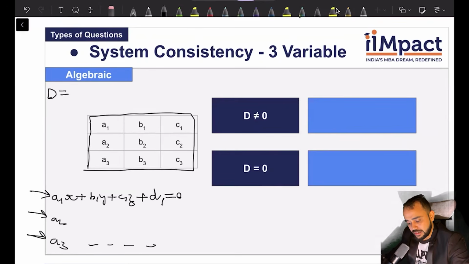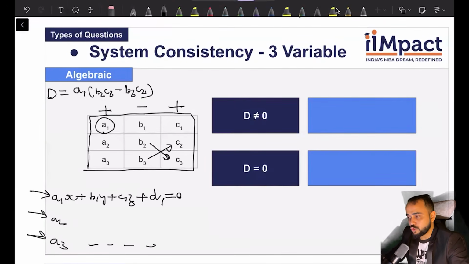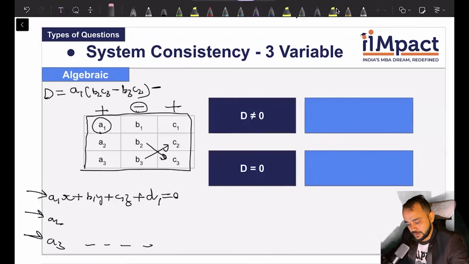Determinant is calculated by taking a1 into b2 c3 minus b3 c2. So you write plus minus plus here. Then because the second column has minus, you put a minus. Now you select b1.